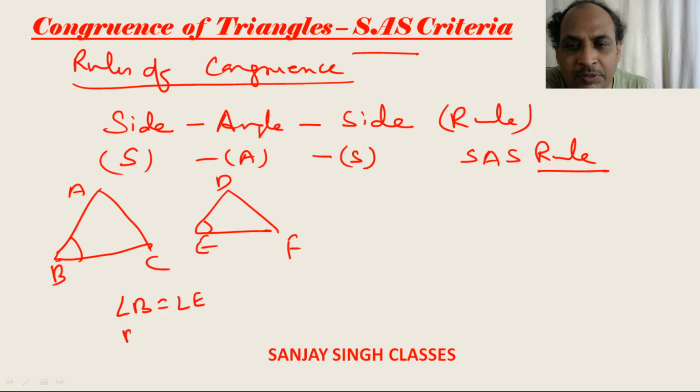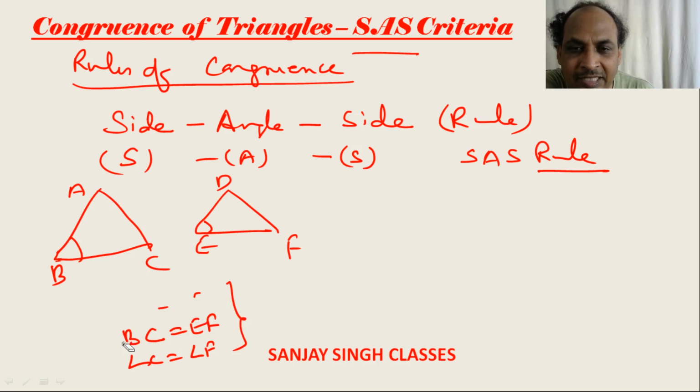Similarly, if the side BC is equal to EF and again angle C is equal to angle F, sorry, it is the ASA rule actually, we are talking about SAS.